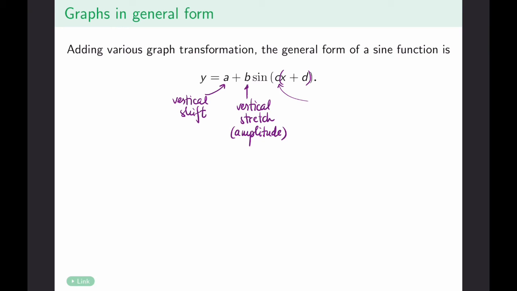This C corresponds to a horizontal stretch, and again, you can think of that as a stretch or a compression, and this D will correspond to a horizontal shift, which for trigonometric functions is sometimes known as a phase shift.